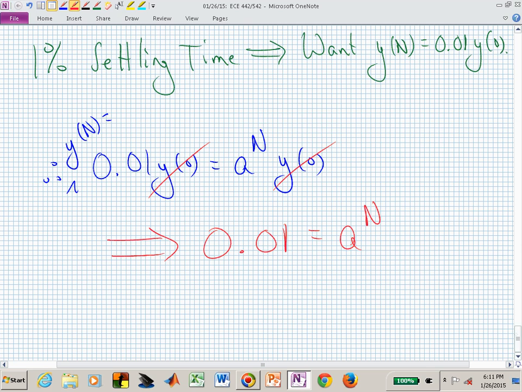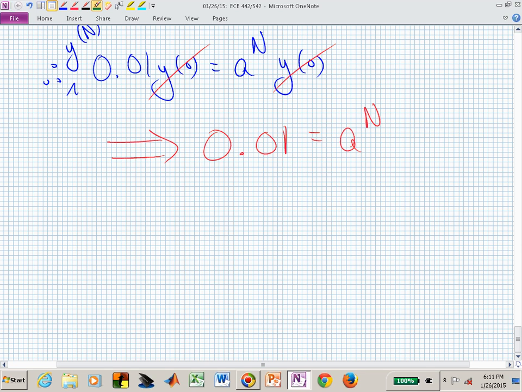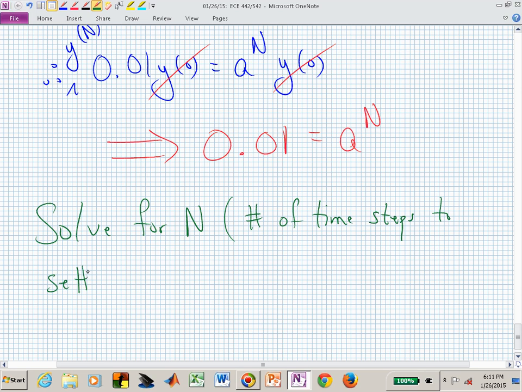And what we want to do now is simply solve for capital N, where capital N represents the number of time steps or sample periods to settle to 1% of our initial value.